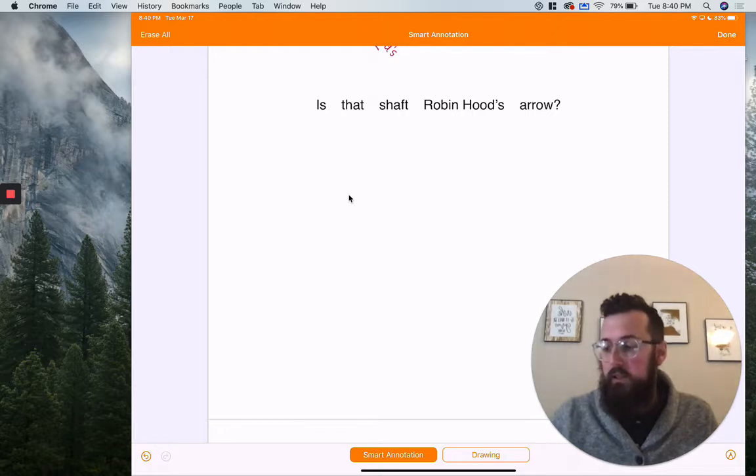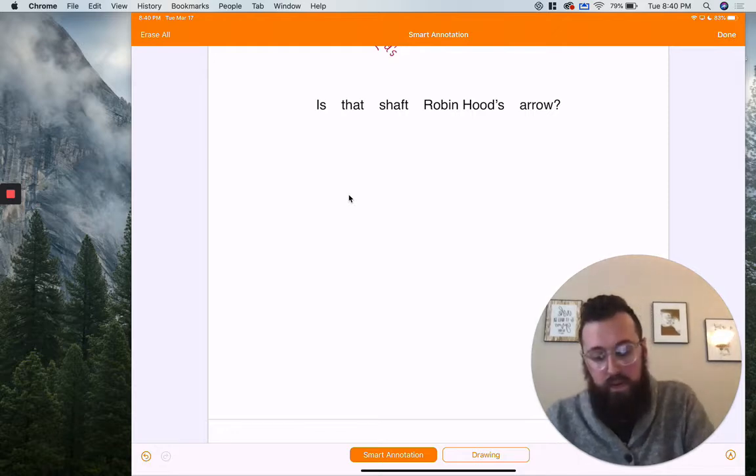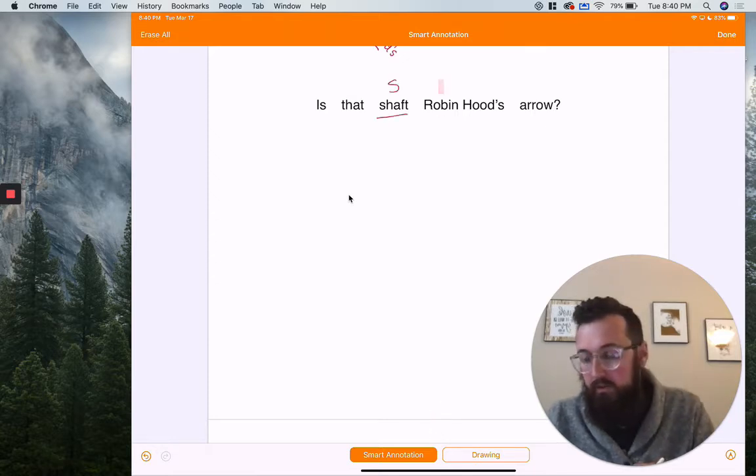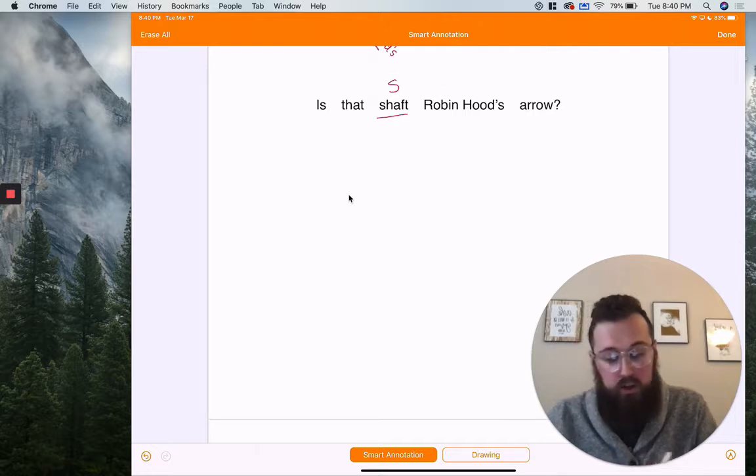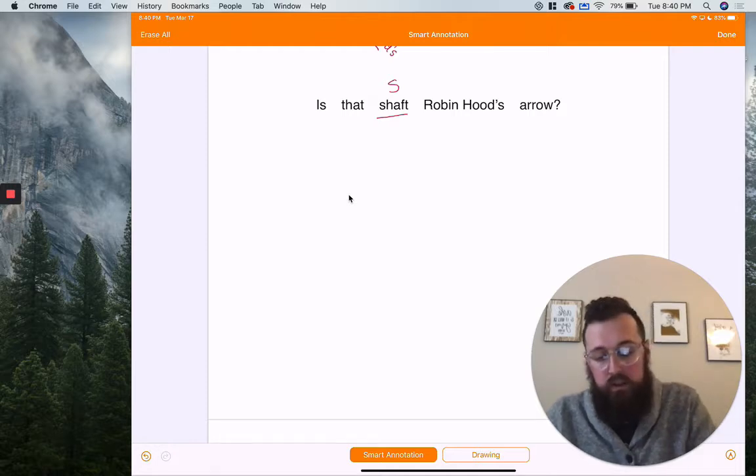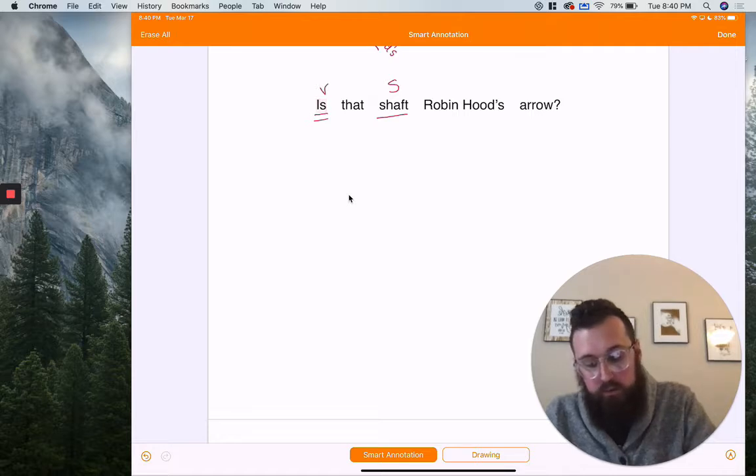The subject of my sentence is going to be shaft. Now figure out my verb. There are no obvious verbs, but usually in an interrogative sentence, it's going to be up at the front. So my verb is is.